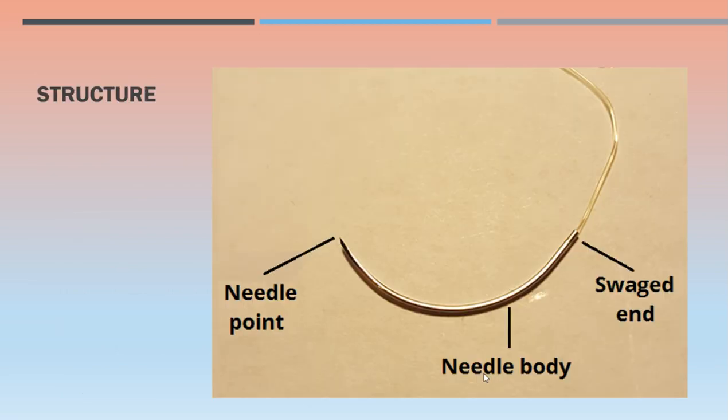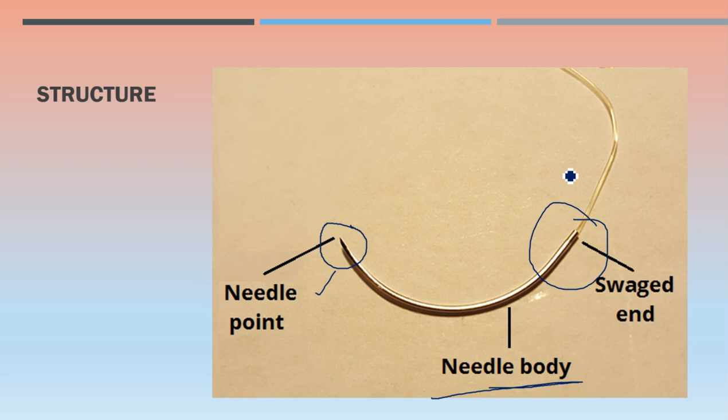Okay, and this is how a needle looks. This is basically the part that goes into the tissue first, and this is known as the needle point. This curve is known as the needle body, and this is the swaged end where the thread is attached, right?